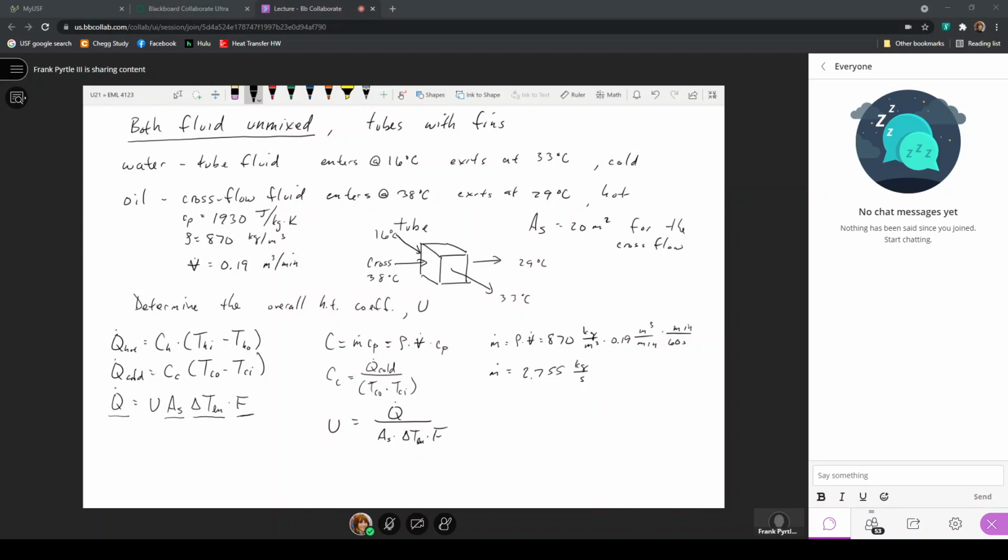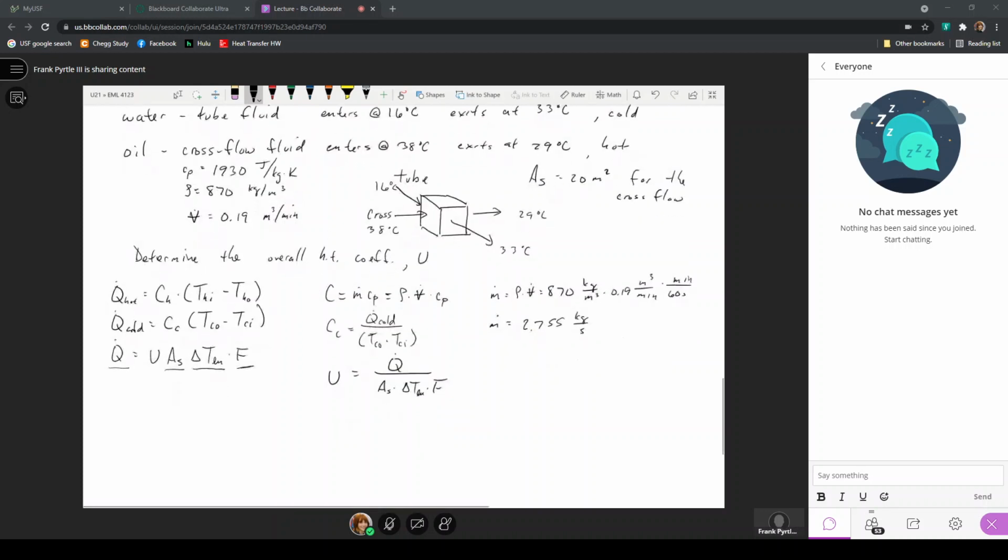So the capacity rate is just that mass flow rate times the specific heat. So Q dot for the hot fluid is the capacity rate of the hot fluid. So this is 2.755 kilograms per second times the specific heat of 1,930 joules per kilogram Kelvin times the temperature difference experienced by the hot fluid.